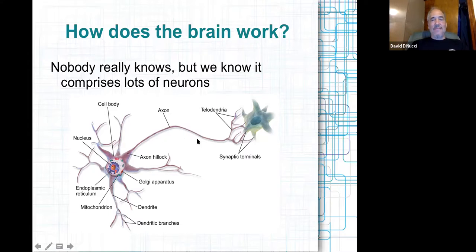One interesting factor here is the amount of time this takes. This takes about a millisecond, or a thousandth of a second, from the time that these impulses come in on the dendrites to the time that the neuron sends the output down the axon to the next neuron.